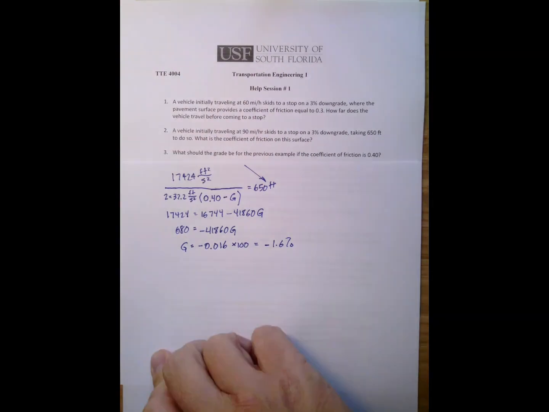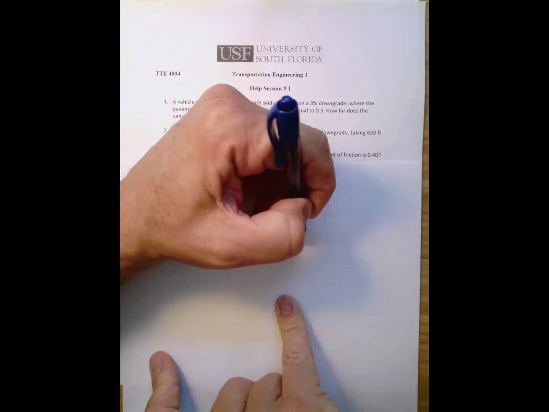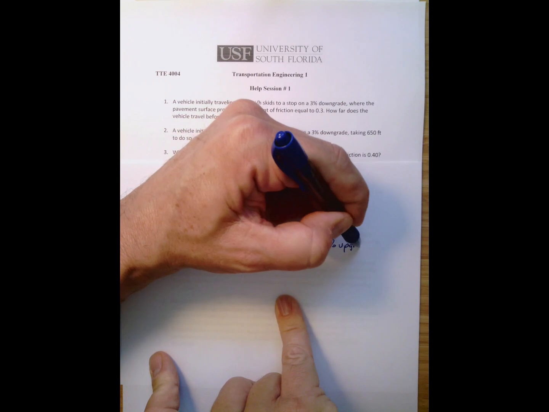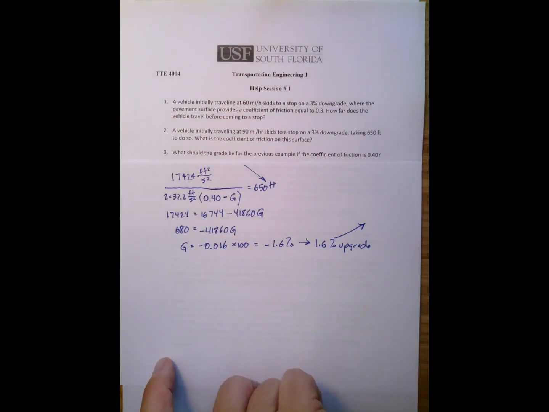Because the G in this case came out to be negative, my assumption that it was a downgrade was incorrect. So what this really means is a 1.6% upgrade, right? That's the solution to this particular question.